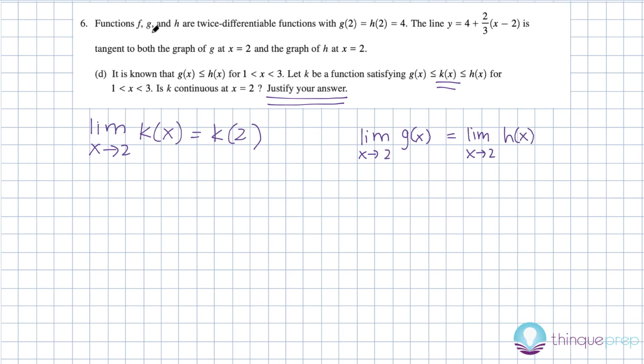Well, the question says that f, g, and h are twice differentiable functions. And you need to remember that if a function is differentiable, it is therefore continuous. If these two functions are continuous, that means the limit as their x's approach 2 also equal 4. So then we can show that the limit as x approaches 2 for k of x is equal to 4 by squeeze theorem.